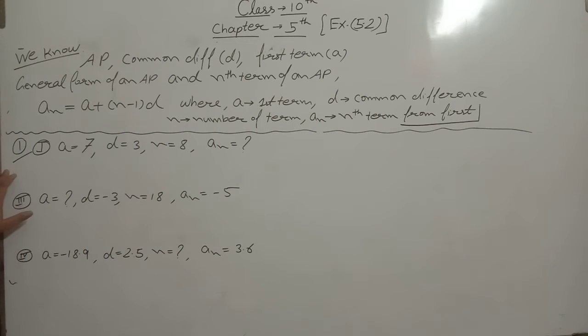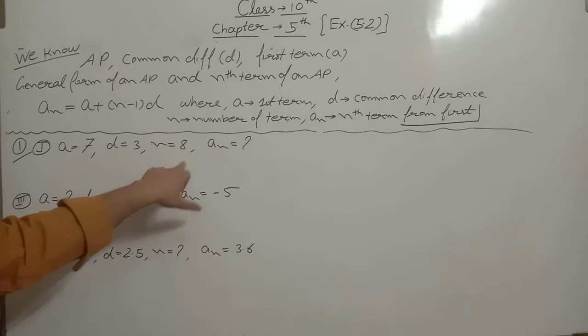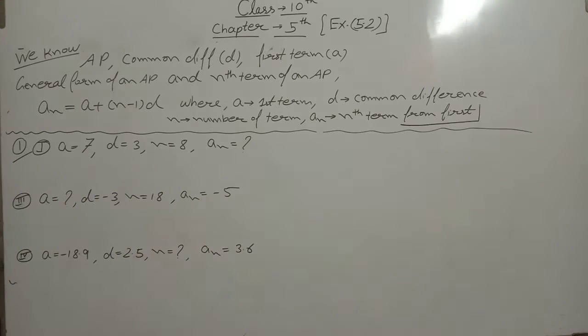Now start question number 1. First part, a is equal to 7, d equal to 3, n equal to 8, and we have to find out an.